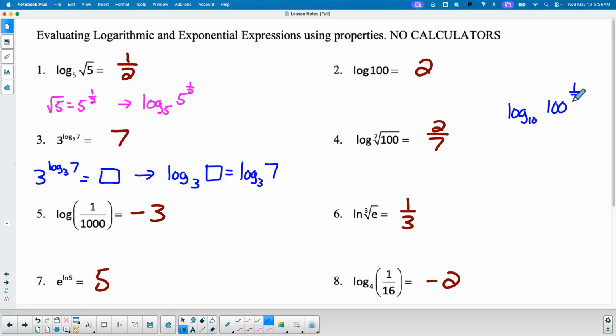The second power. So this is log base 10 of 10 squared to the 1/7 power, which is log base 10 of 10 to the 2/7 power. So my exponent then is 2/7.